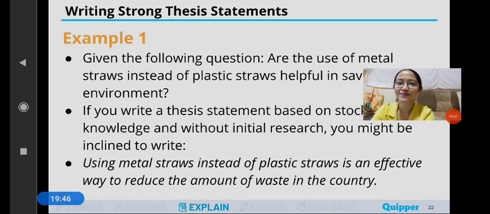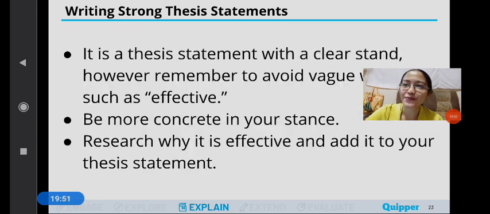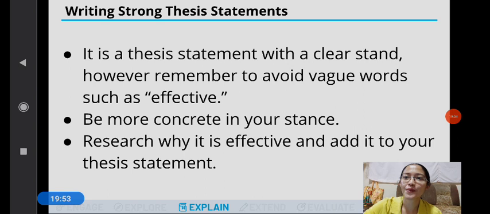Now remember that it is a thesis statement with a clear stand. However, remember to avoid vague words such as effective. Be more concrete with your stand. Why is it very effective?